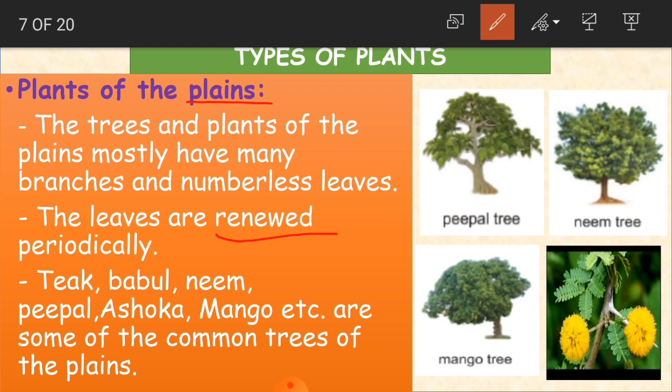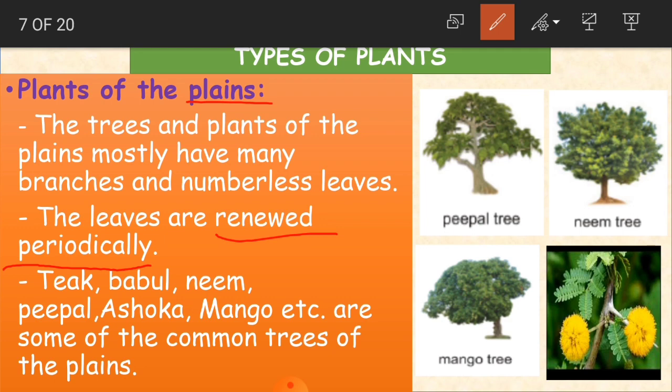And the leaves are renewed periodically. What do you mean by renewed? Not doing again, no. The leaves are renewed in the sense that they are going to take birth again. They are growing again and again. Periodically means, children, like we have our periods, first period, second period, third period, one after the other, all the 6 or 7 periods in a day in school.